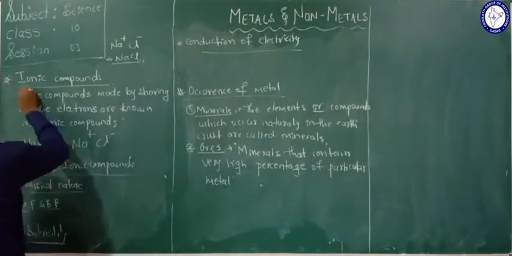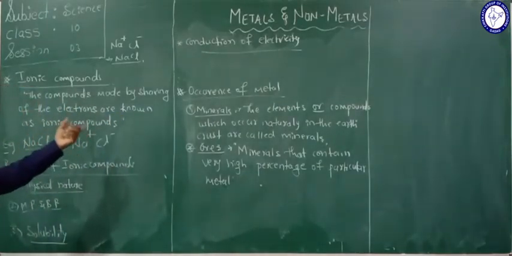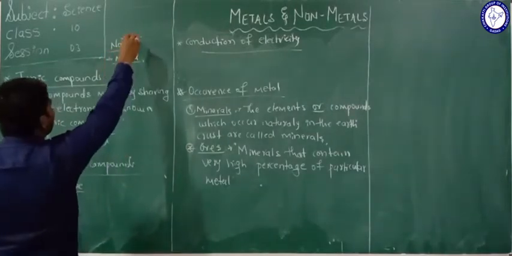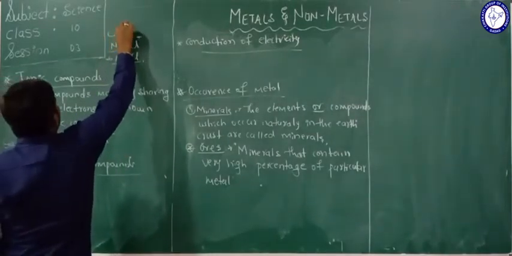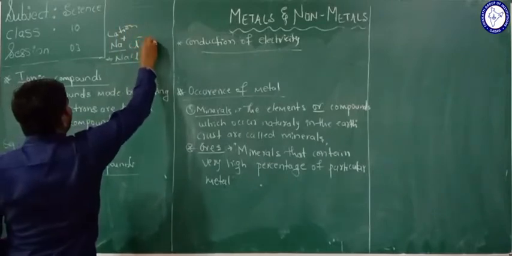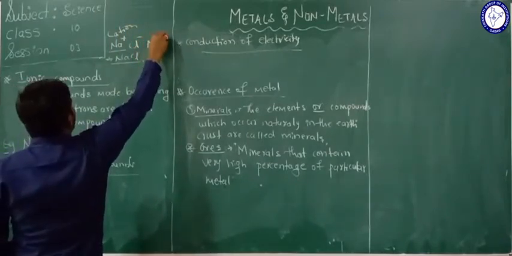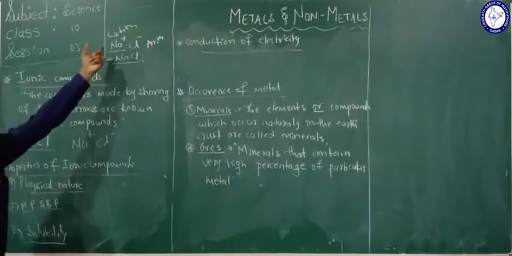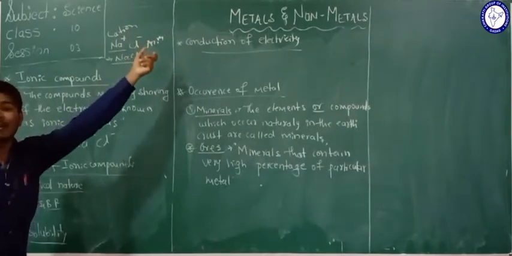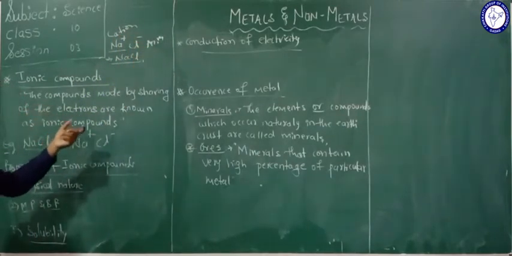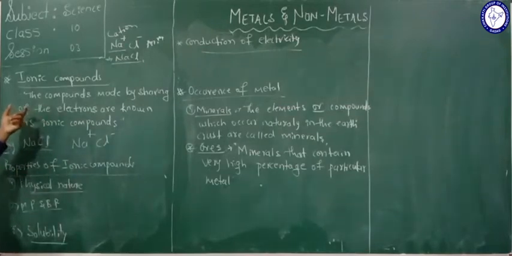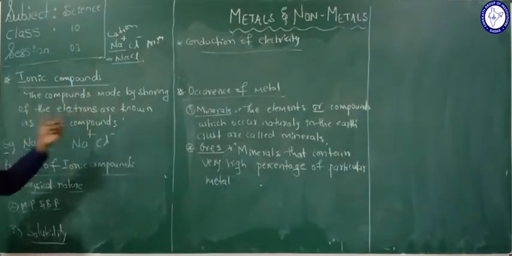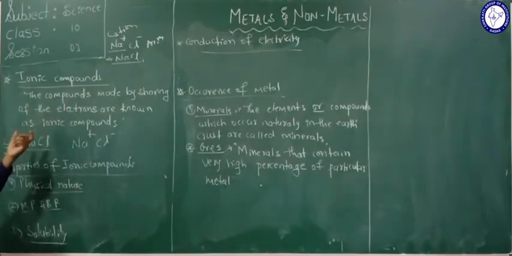Why are they called ionic compounds? Because we are calling the metal a cation, and chlorine an anion. By sharing the ions, which are nothing but electrons, it is called an ionic compound. What is an ionic compound here? The compounds made by sharing of the electrons are known as an ionic compound.